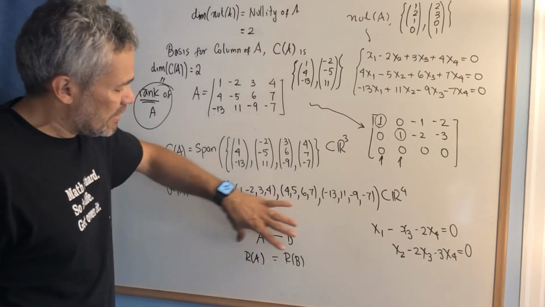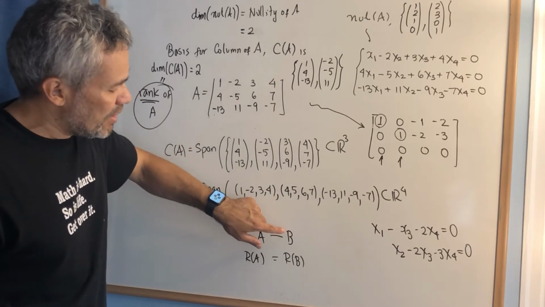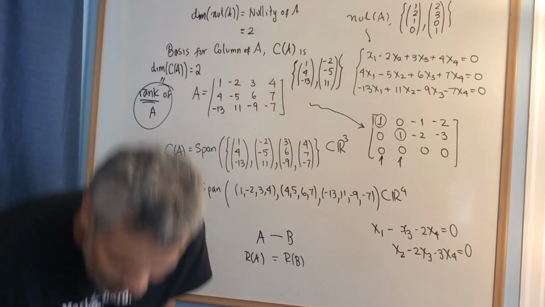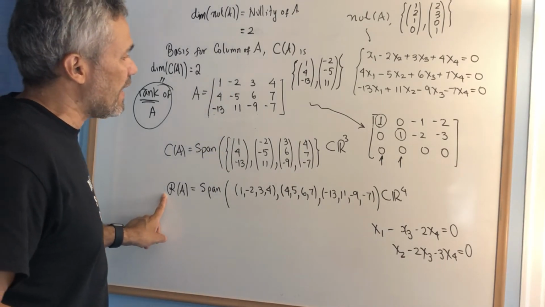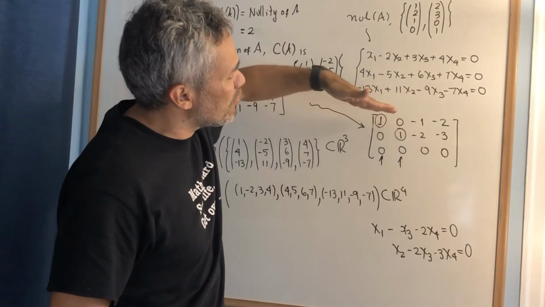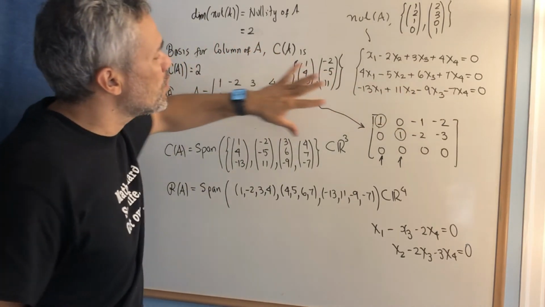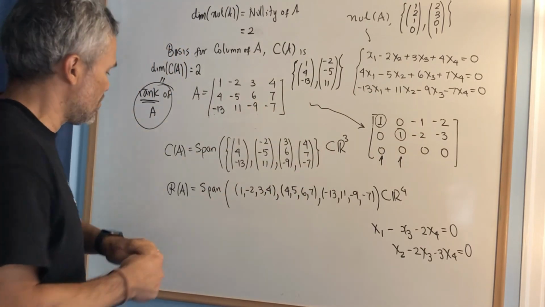Then you get the same argument saying that every row of A is a linear combination of those rows in B. For that reason, a basis for the row space of A is just the rows that are non-zero when you get to an echelon form. It doesn't have to be reduced echelon form.